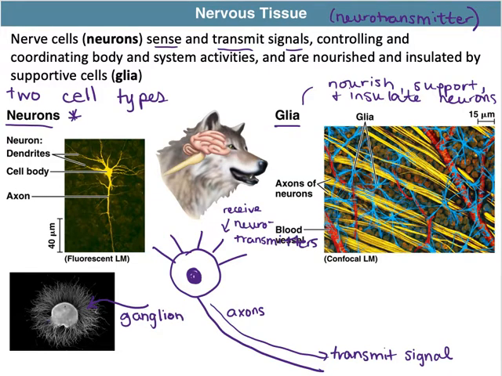A ganglion is just a bundle of cell bodies and dendrites in the center, and then all of these are the axons extending. So it's sort of the precursor to the nerves, where the nerves are coming out of the cell bodies. So the ganglion would just be considered a mass of nerve cells.